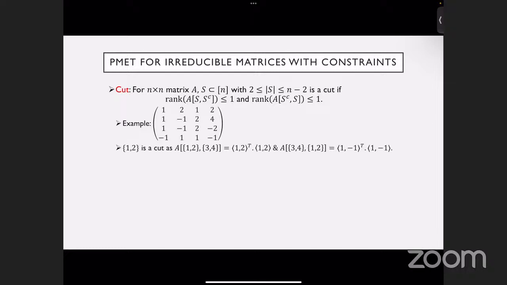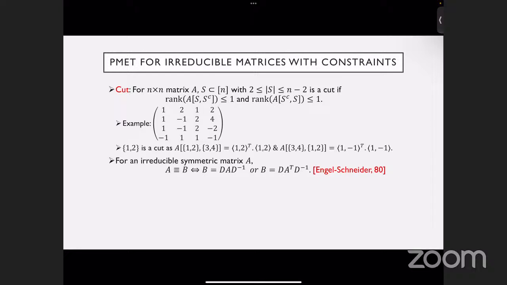So here is an example of a matrix with a cut. For this matrix, the set 1, T is a cut because if you take this submatrix, it has rank 1, and similarly this submatrix has rank 1, because it can be written as a dot product of two vectors.